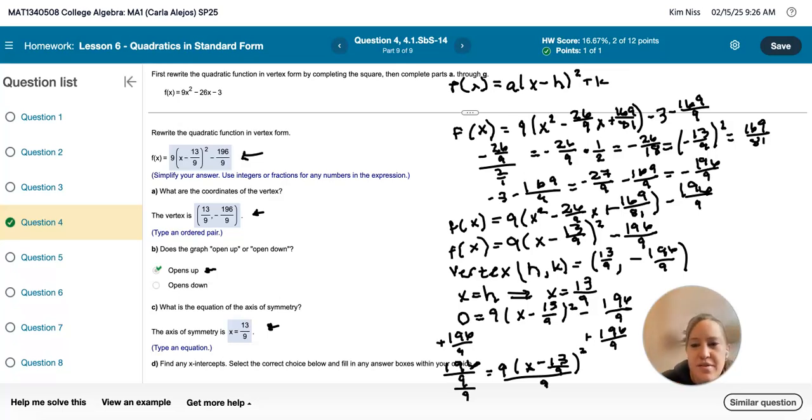Okay, so hopefully you got all that. We're trying to solve for our x-intercepts. So we have 0 equals 9 times (x minus 13 over 9) squared minus 196 over 9.